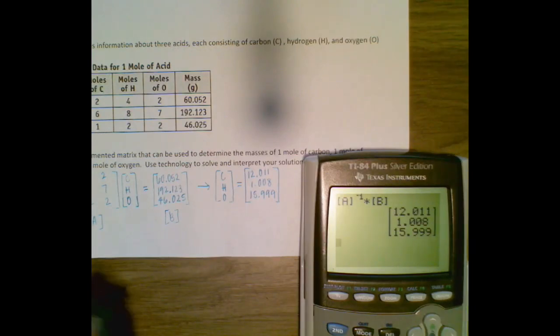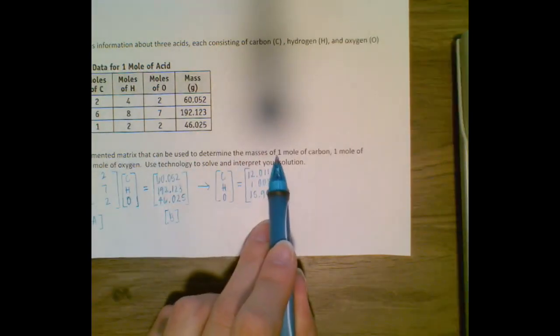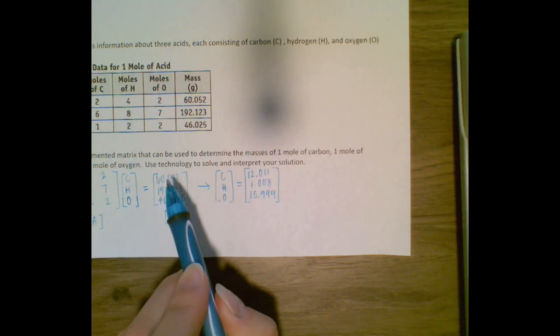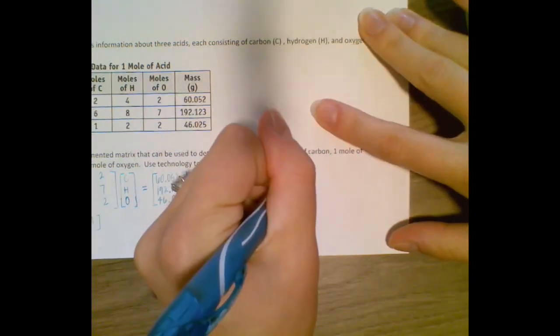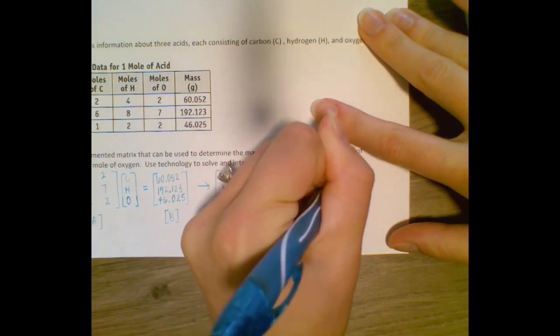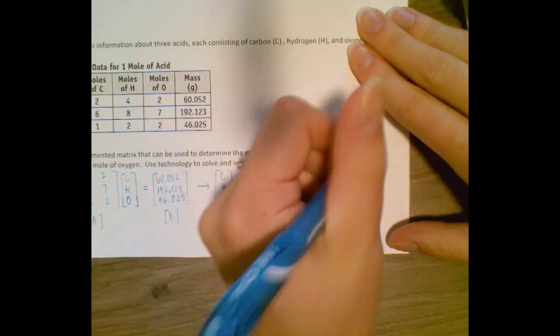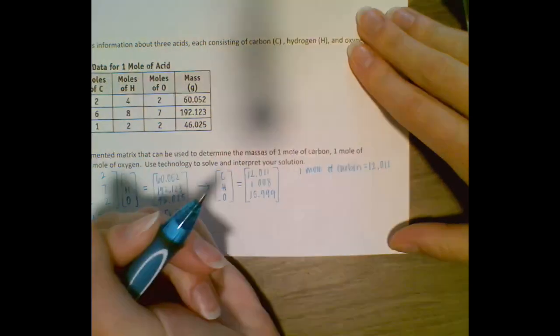All right. So to write out our final answer, determine the masses of 1 mole of carbon, 1 mole of hydrogen, 1 mole of oxygen. All right. So 1 mole of carbon equals 12.011. Looks like our mass is in grams, so grams.